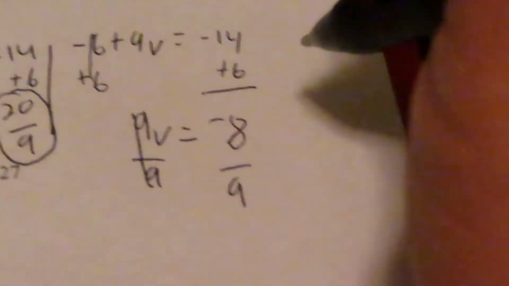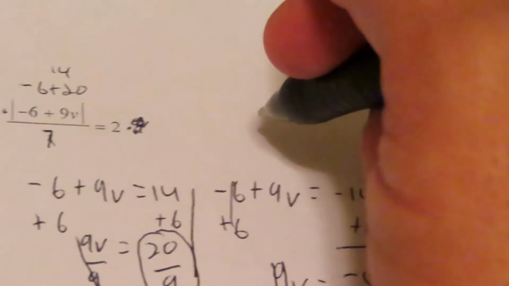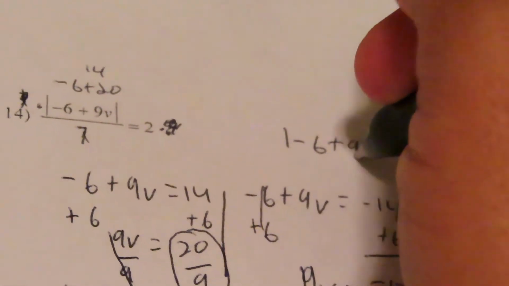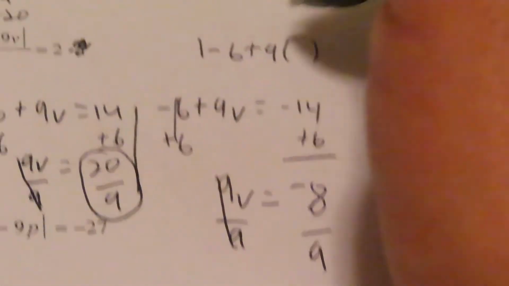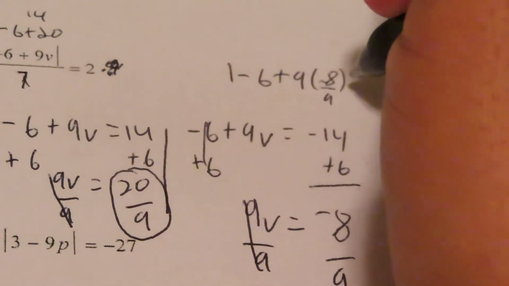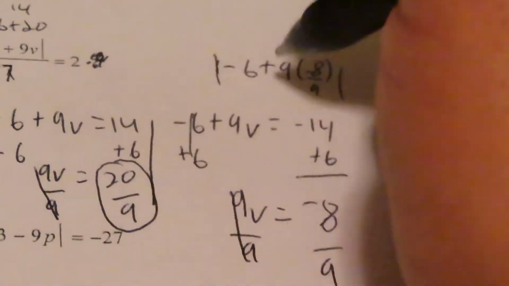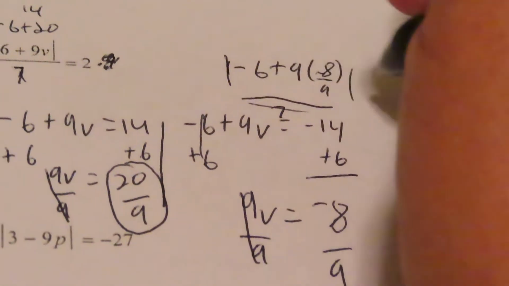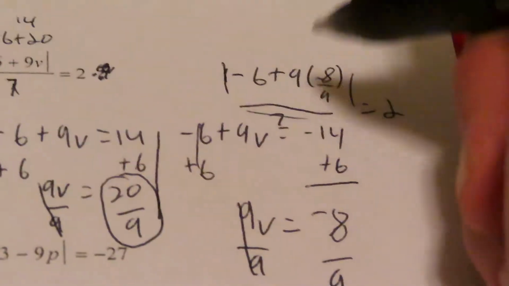So when you plug it back into the original, which again is the absolute value of negative 6 plus 9v, where v we figured out is negative 8 over 9, close absolute value, all over 7 is equal to 2. Let's see if that works.